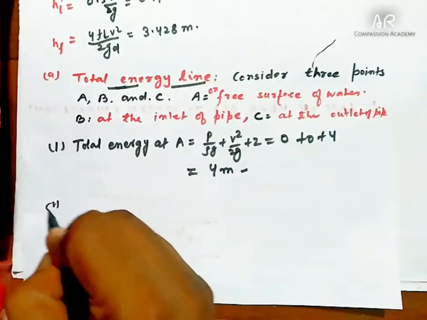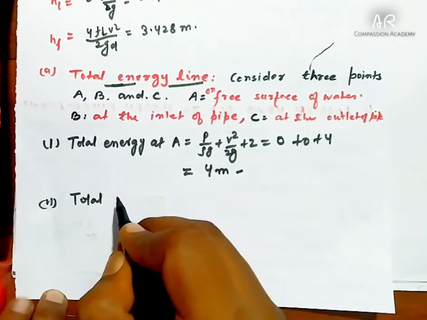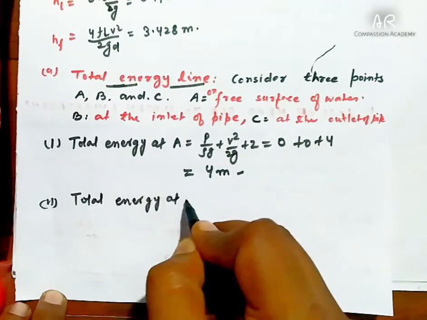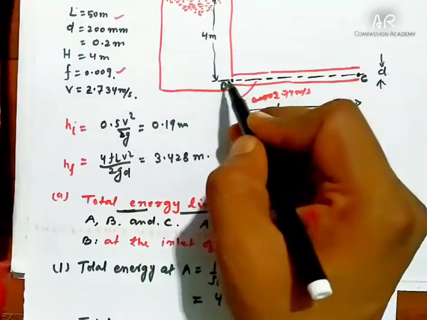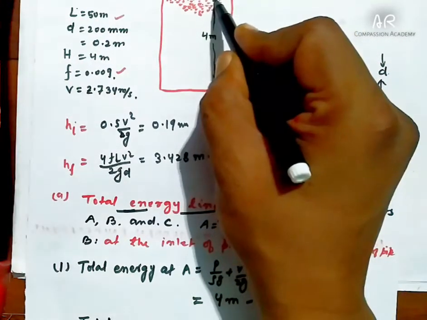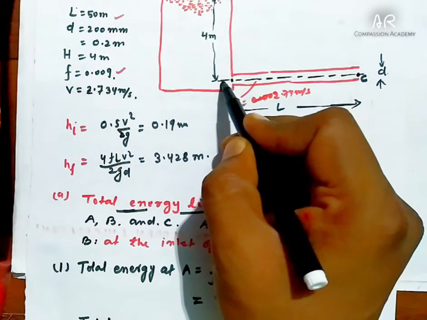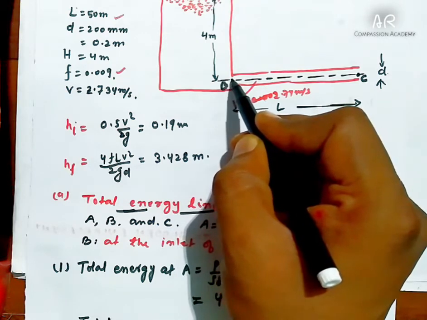Now we'll calculate total energy at B. This is the point B. What is the total energy at B? It is total energy at A minus the loss due to the inlet.